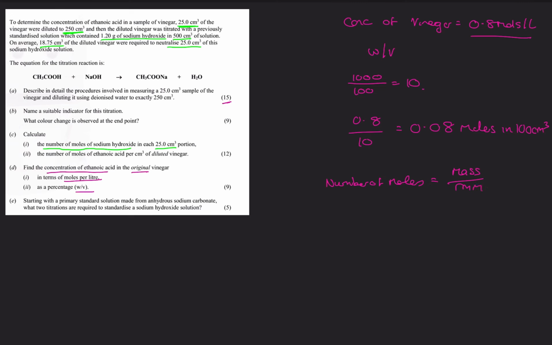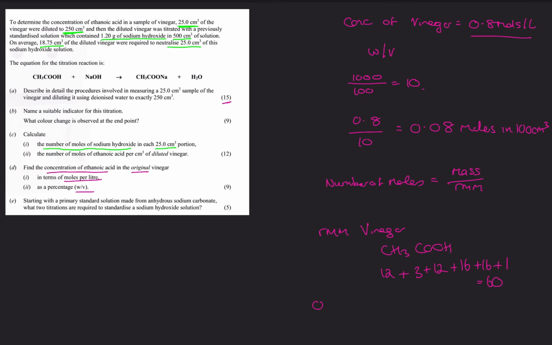And we need to work out the relative molecular mass of vinegar. CH3COOH. So you have a carbon, 3 hydrogens, all at 1 each. Another carbon, oxygen, an oxygen, and a hydrogen. And that gives you 60.